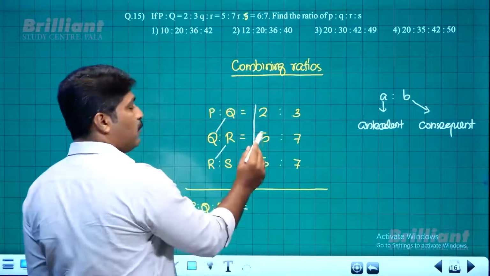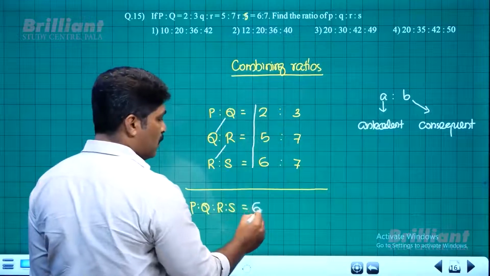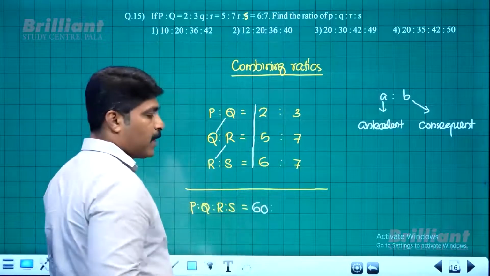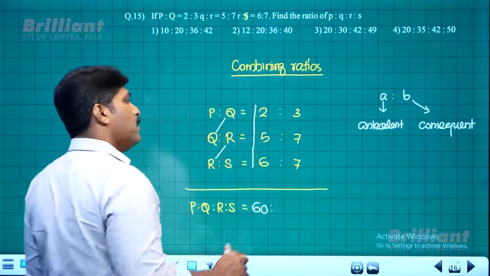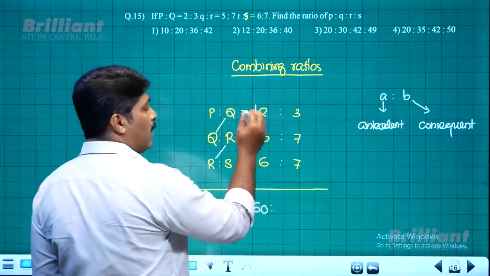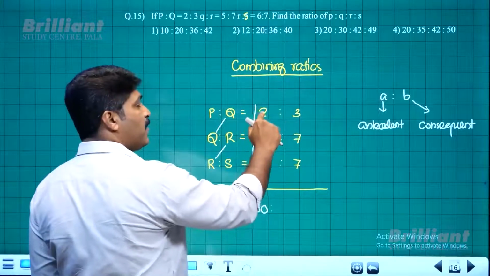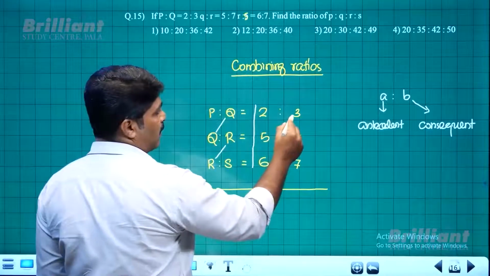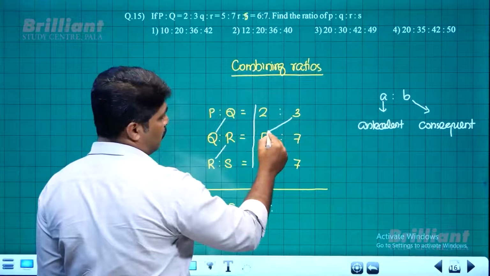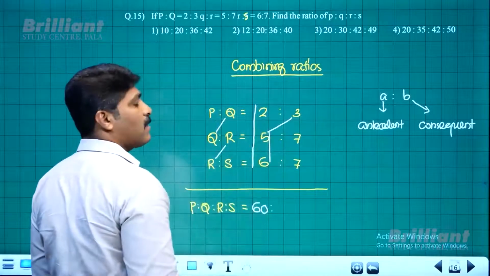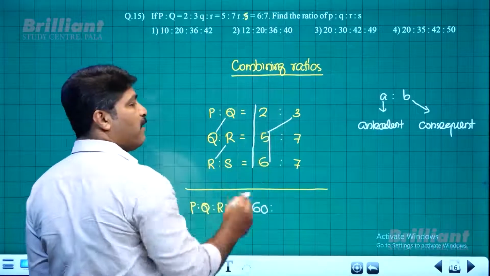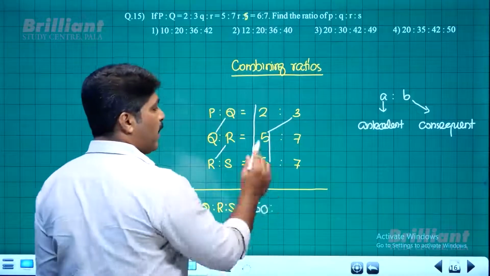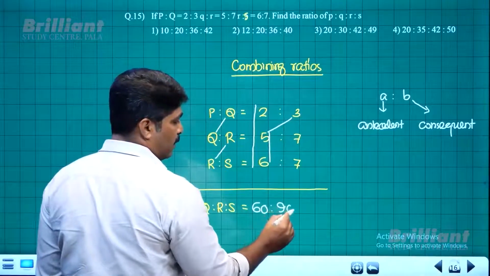As we know, 2 into 5 is 10, 10 into 6 is 60. Then what is the second step? Here you just replace the first value from the second column. So the second step of the operation is 3 into 5 into 6. Got it? 3 into 5 into 6. So what is the value here? This is equal to 90.